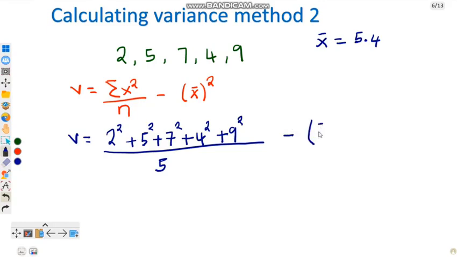We are squaring each individual value of x, then we add them. Remember, we want to see if the answer is going to be the same.